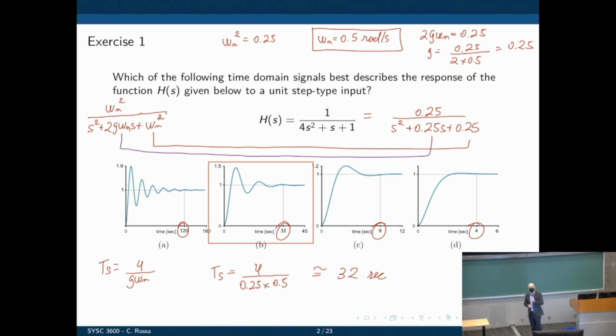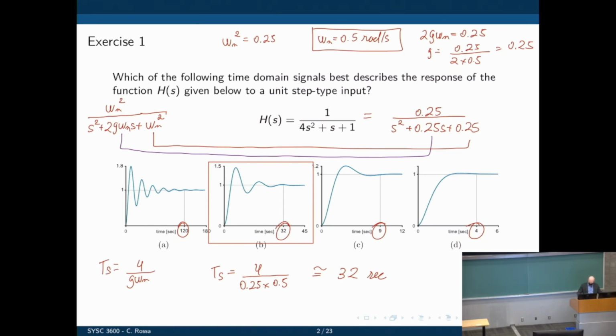Correct. No, it's only underdamped, regardless of the input. Yeah. Okay. We good? Yeah. All right, so let's do another one.